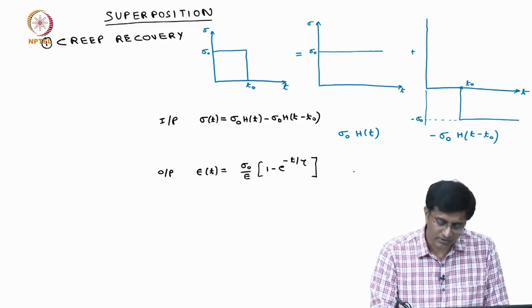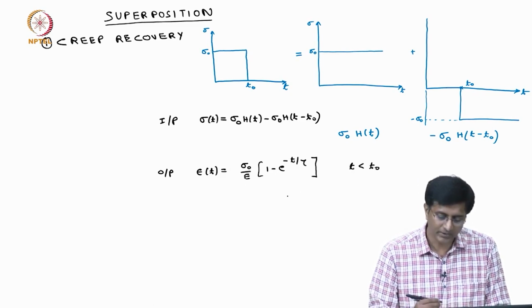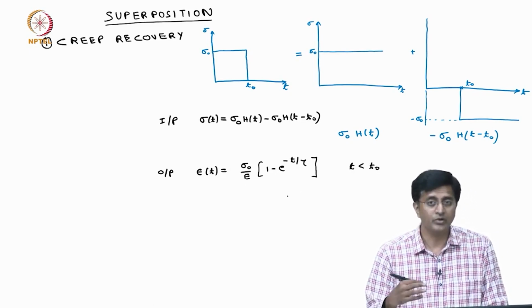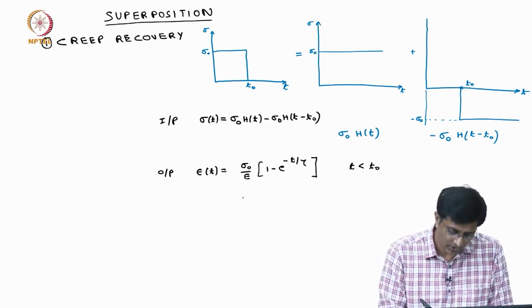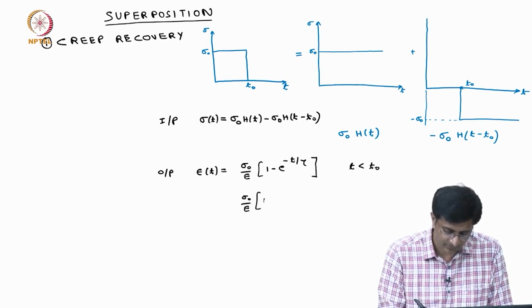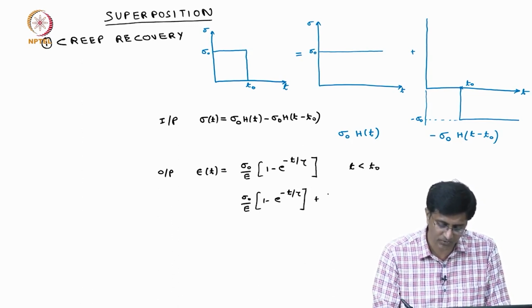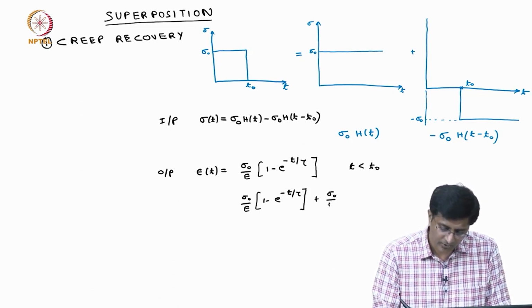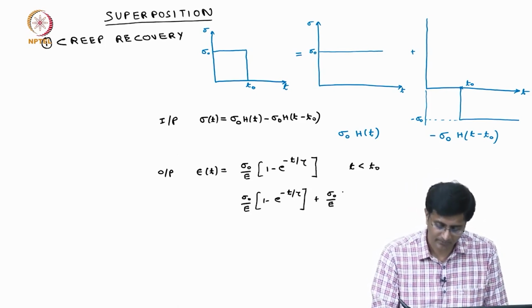The creep load occurs at times less than t naught, but at times greater than t naught we have two creep responses. So, it will be the first creep response, which is again the same. For this we need to add the second creep response, where we simply replace t with t minus t naught.